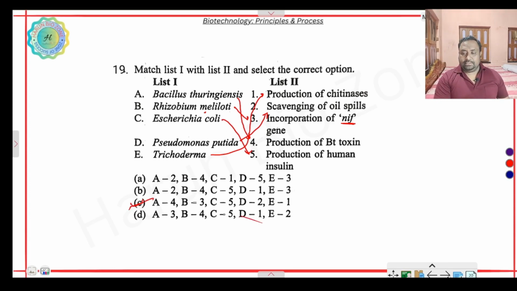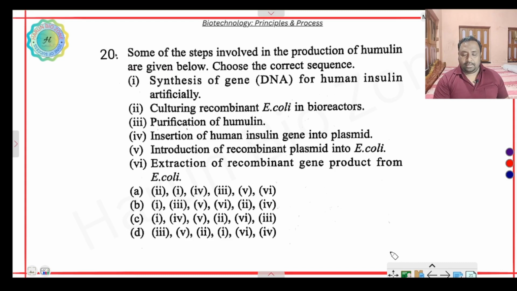Next question is, some of the steps involved in the production of humulin. Humulin means human insulin. Human insulin is called humulin.